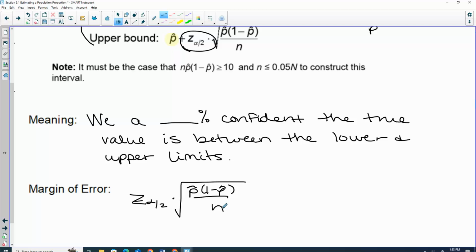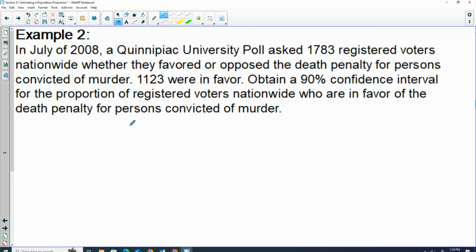Okay. Let's just try some. So back to this first example we had. The 1,123 were in favor. We had asked 1,783. Now I want to get a 90% confidence interval for the registered voters who are in favor.